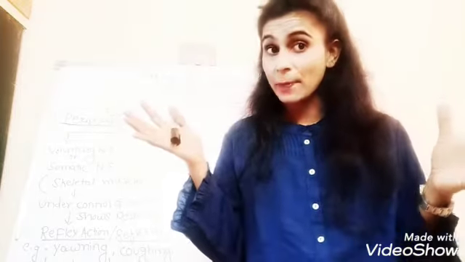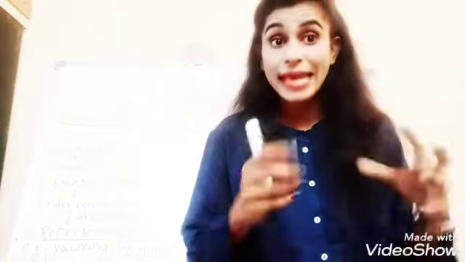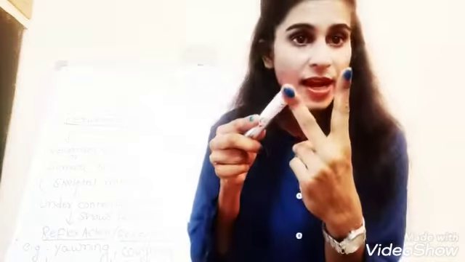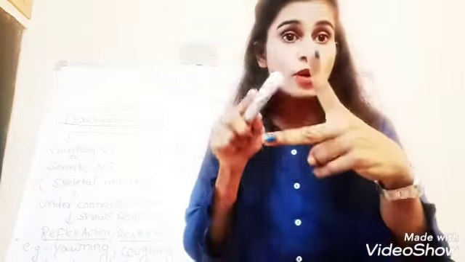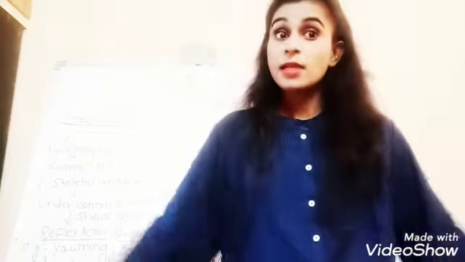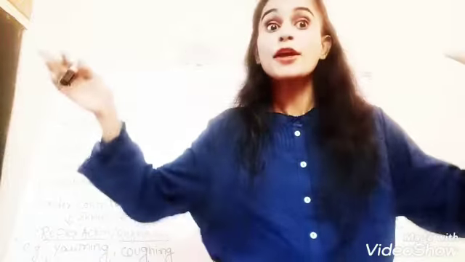Once again, shall I repeat? Yes, of course, for you guys. Your nervous system is broadly classified into 2 types. The first one is your peripheral nervous system and the second one is your central nervous system, a huge term.